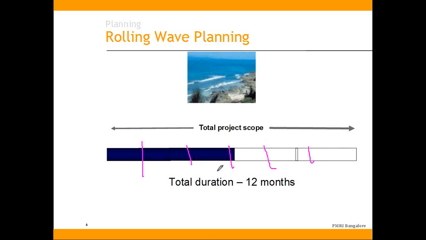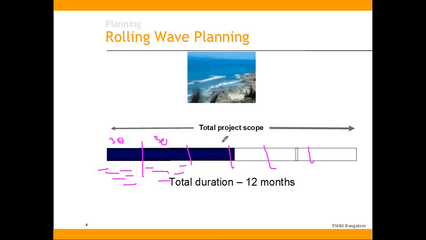30-day cycles, and for every cycle you now let's say we are in the first 30 days. So here you will have fully blown activity level schedule, and maybe next level also you'll have activity level schedule, and things falling far away. This is first 30 days, this is next 30 days.